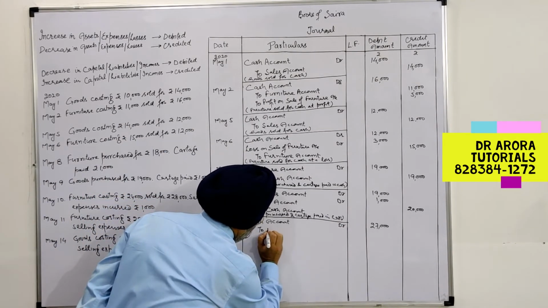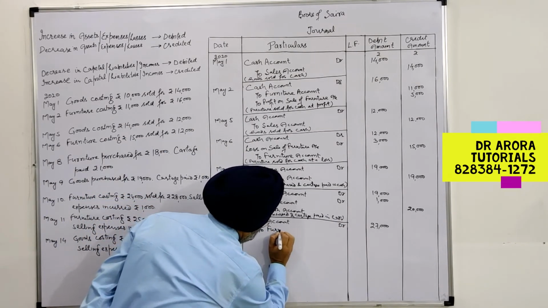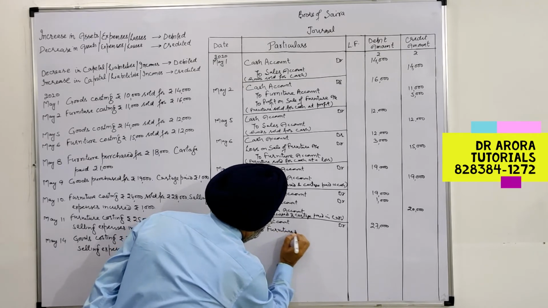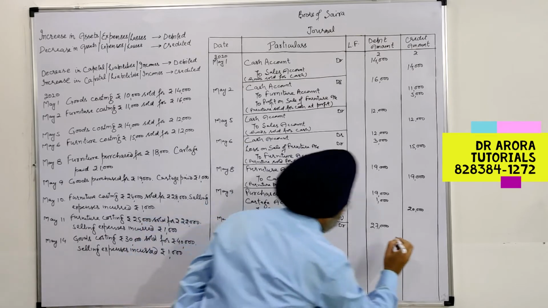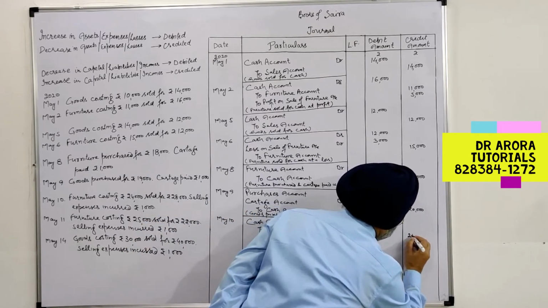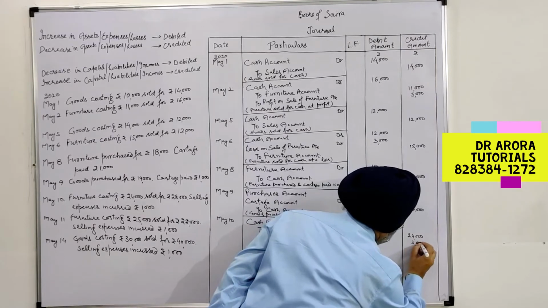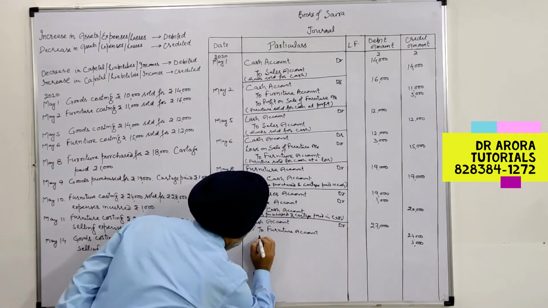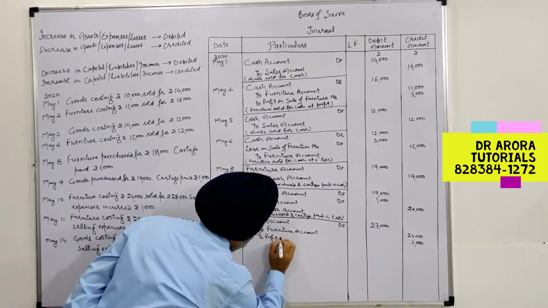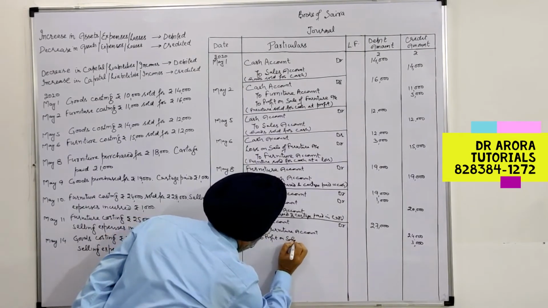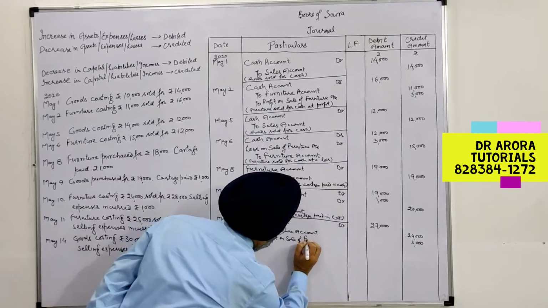And furniture costing 24,000. Furniture will be credited with the cost. So to furniture account 24,000. And our profit will be 3,000. To profit on sale of furniture account.